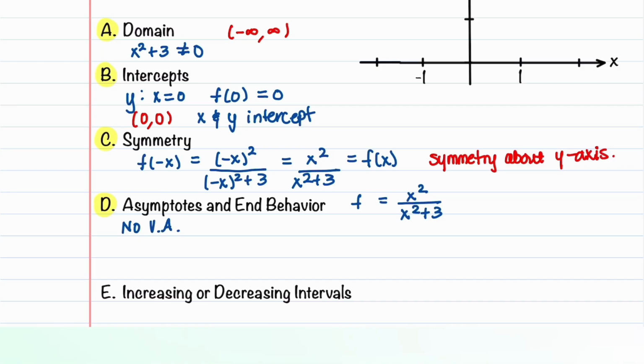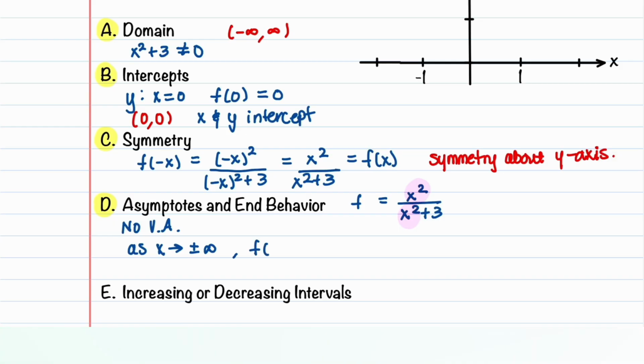But now let's think about horizontal asymptotes. When you calculate a horizontal or a slant asymptote, you need to look at the highest power in your numerator and the highest power in the denominator. Those two powers are the same, so that tells us that we have a horizontal asymptote. And to find what that horizontal asymptote is, we have to think about the limit as x goes to plus or minus infinity.